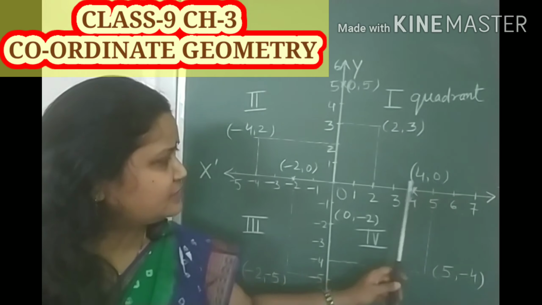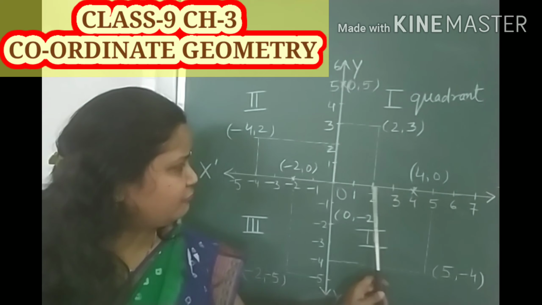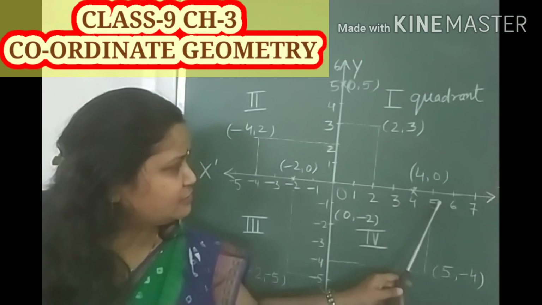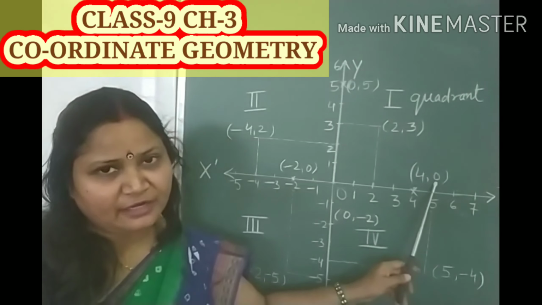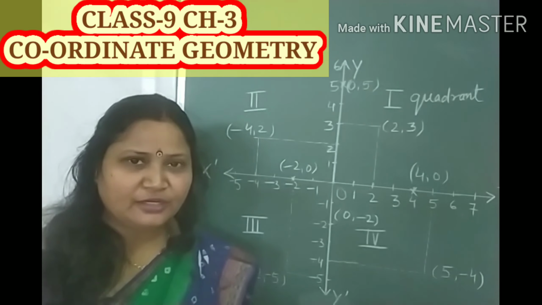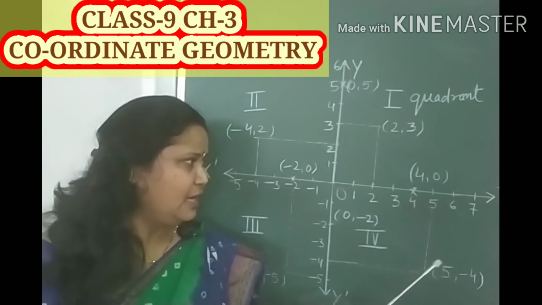This point, as you can see, is on the positive x-axis at a distance of 4 units from the y-axis, and obviously since this point is on the x-axis, its y coordinate will be 0. Or vice versa, you can say if the y coordinate of any point is 0, then it will lie on the x-axis.